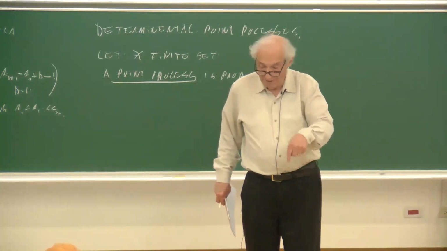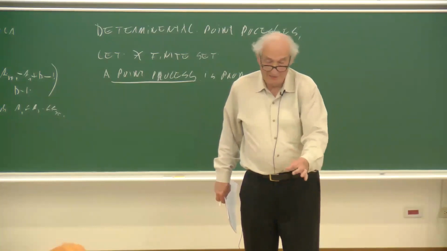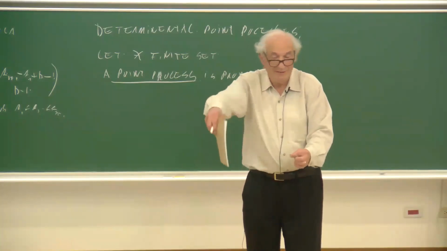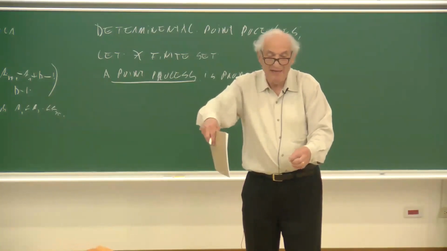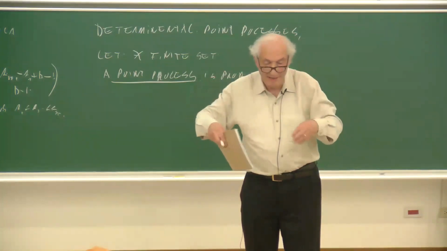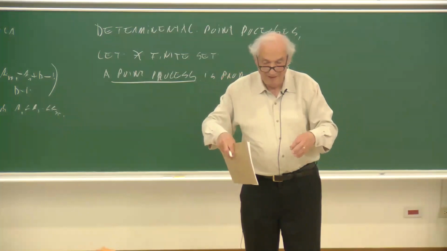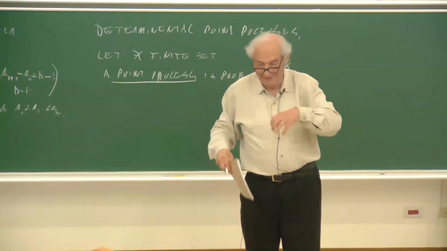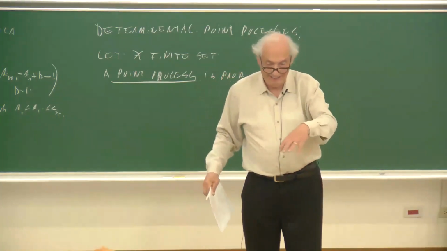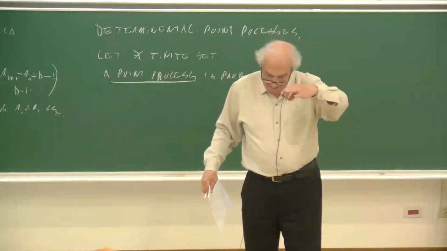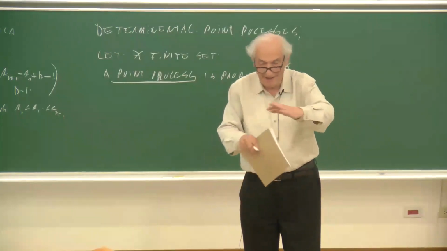For example, the middle coordinate, that's a single point, or the middle coordinate and this corner, that's a subset. And I have to assign a probability that the random process has a dot at points in that subset and not otherwise.